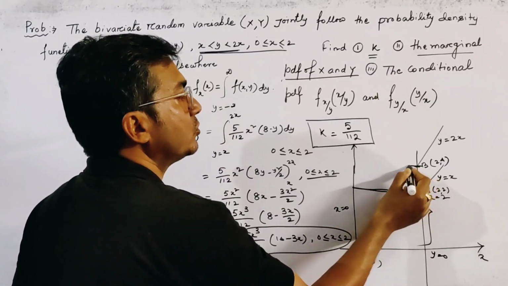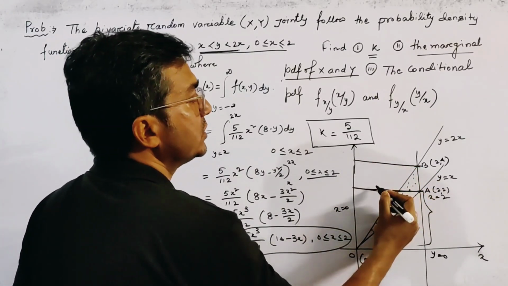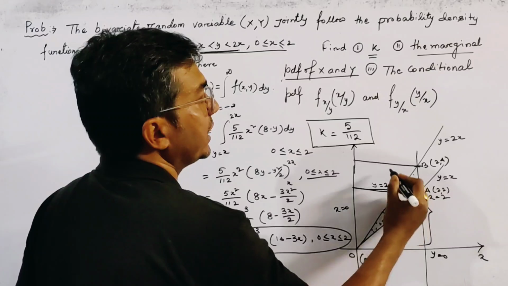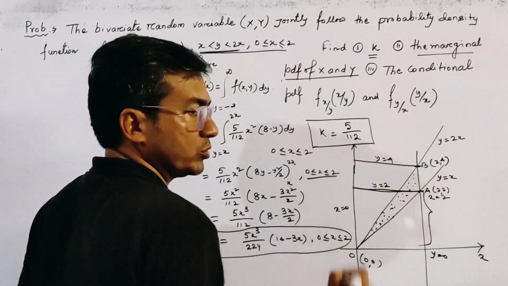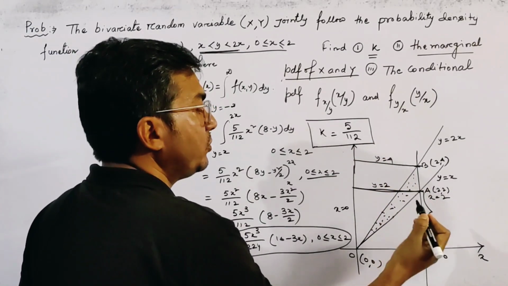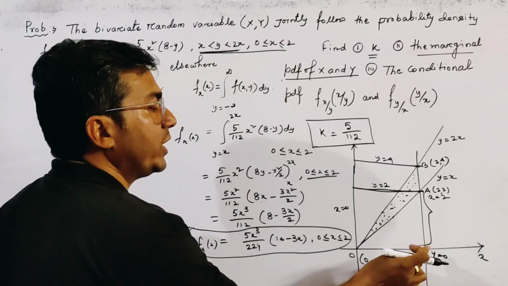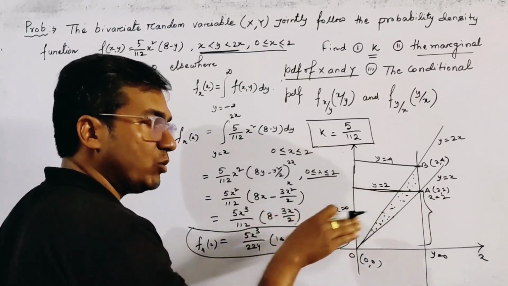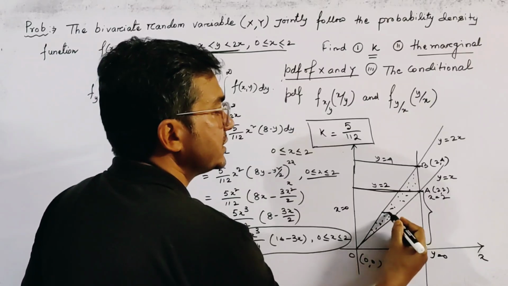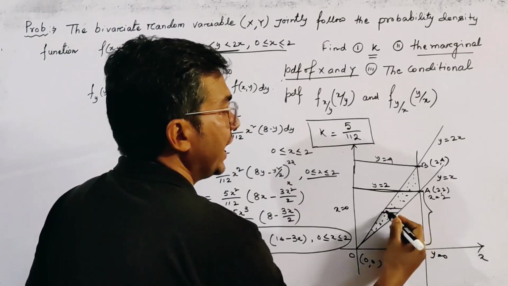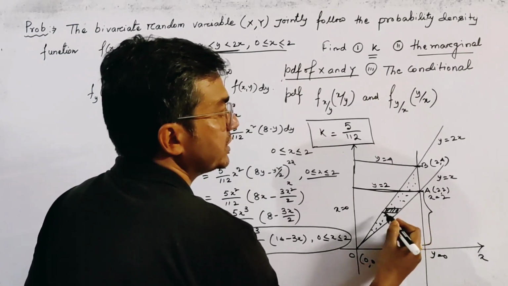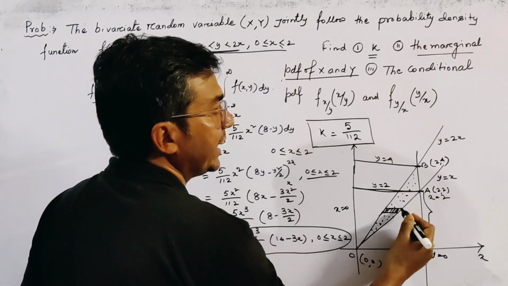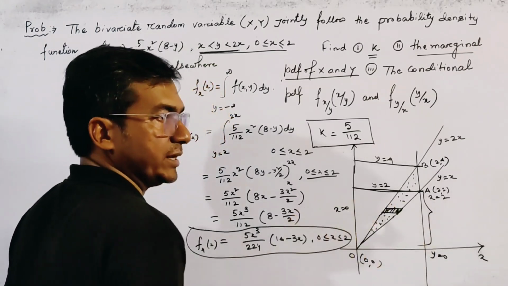Okay, if we draw another line here, this is y equal to 2 and this is y equal to 4. Okay, now if we consider here, when y equal to 0 to 2, consider here a strip along the x-axis like this strip, and this type of strip starting from this line and ending in this line.